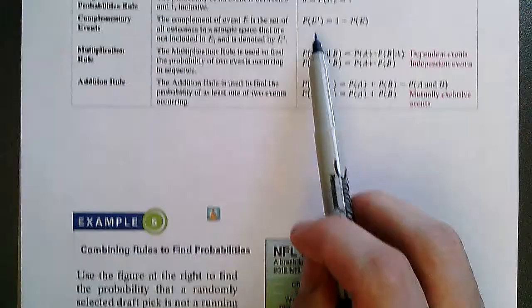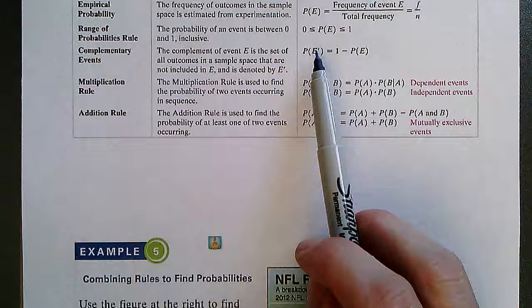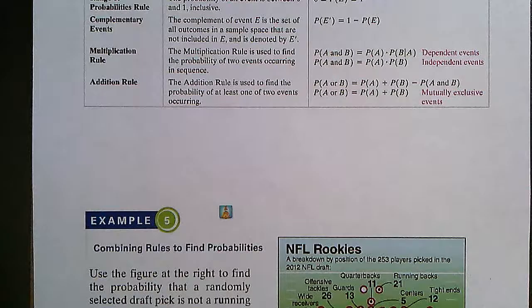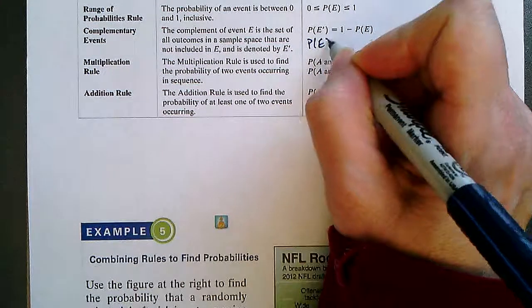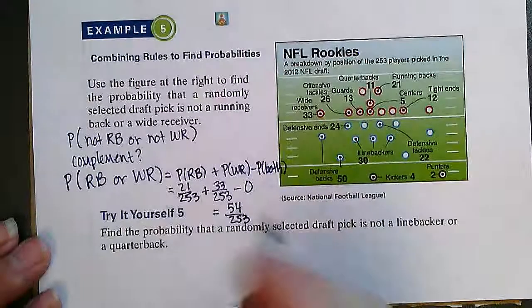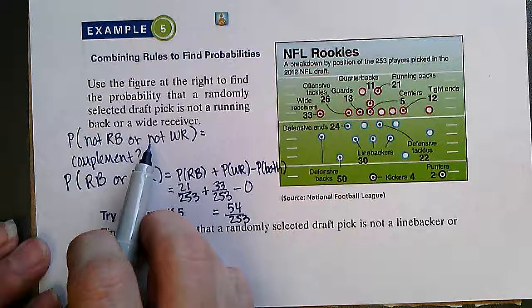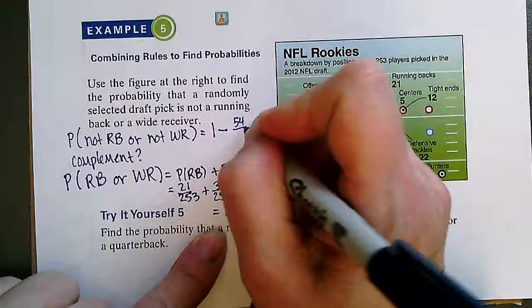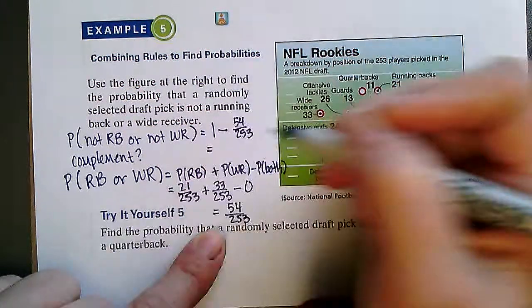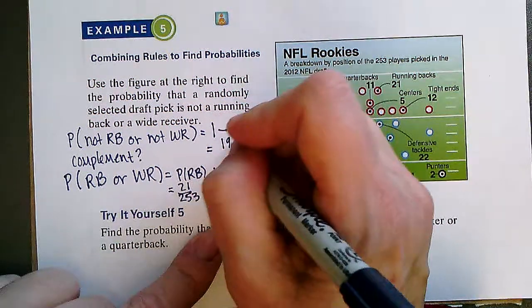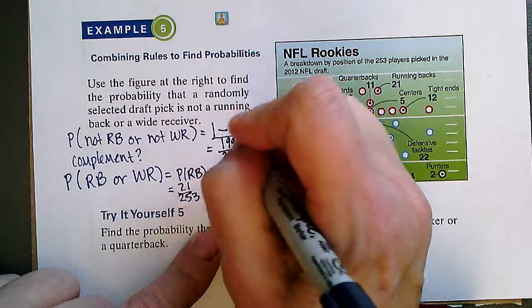Now remember that when you add an event and its complement, you get 1. So another way to think of that is the probability of the complement is 1 minus the probability of the event. Or also the probability of an event is 1 minus the probability of its complement. That works the same way. So the probability of not a running back or a wide receiver would be 1 minus its complement, which would be the 54 out of 253. So that comes out to be 253 minus 54, which is 199 out of 253.